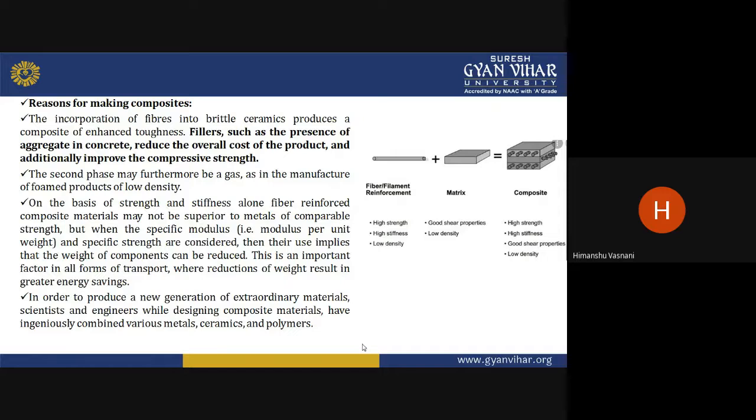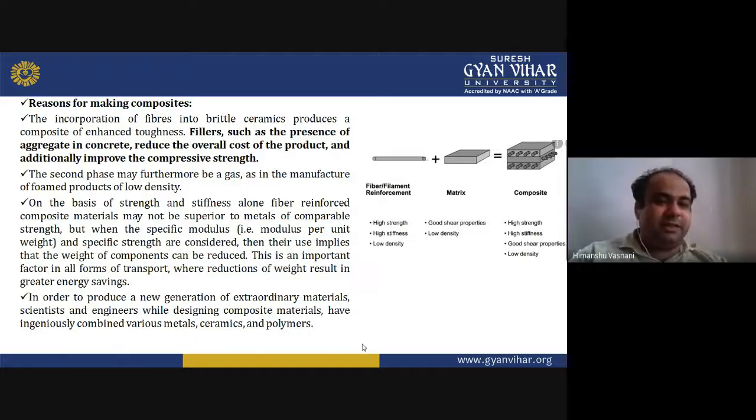But when the specific modulus, that is the modulus per unit weight, and specific strength are considered, their use implies that the weight of components can be reduced. This is an important factor in all forms of transport, where reduction of weight results in greater energy savings.